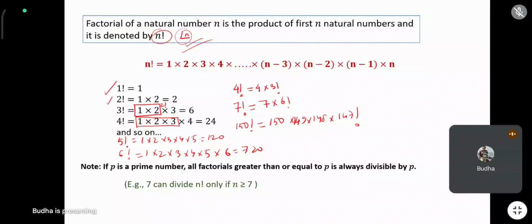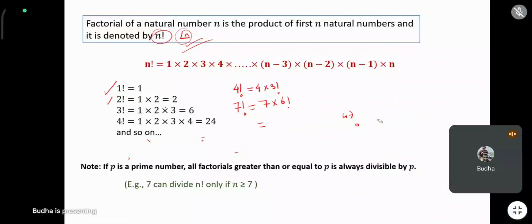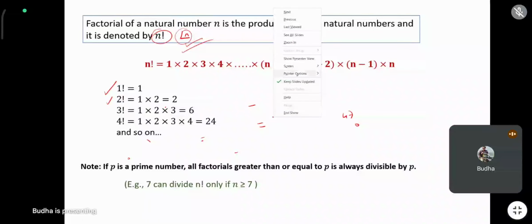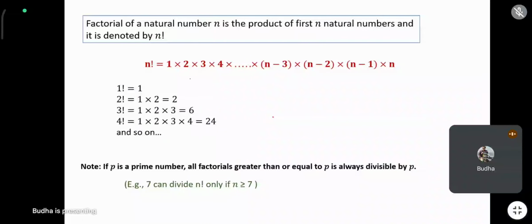Okay. Now, the learning point is not this one. The learning point is, if you look at 24, let me clear all the screen. Now, can I say this is 2 into 3 and this is 24, which is 2 cube into 3.